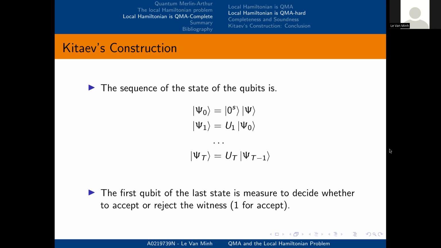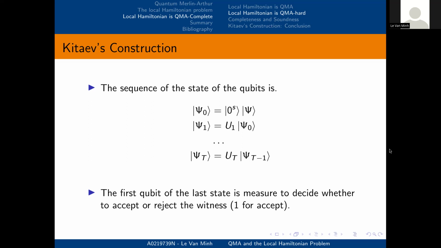The sequence of the states of the qubits, when we trace them as U1, U2, and U3 are applied, is that we define psi 0 as the initial state where all the qubits in the workspace are 0 with some psi as the input witness state.